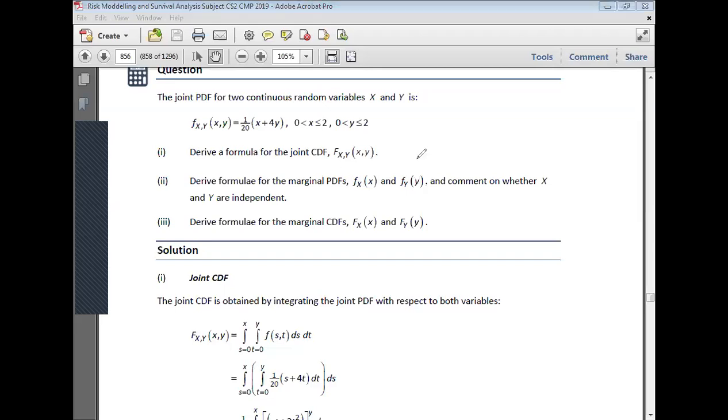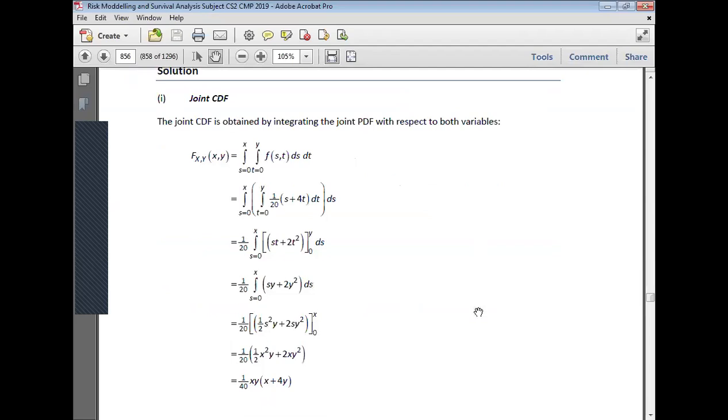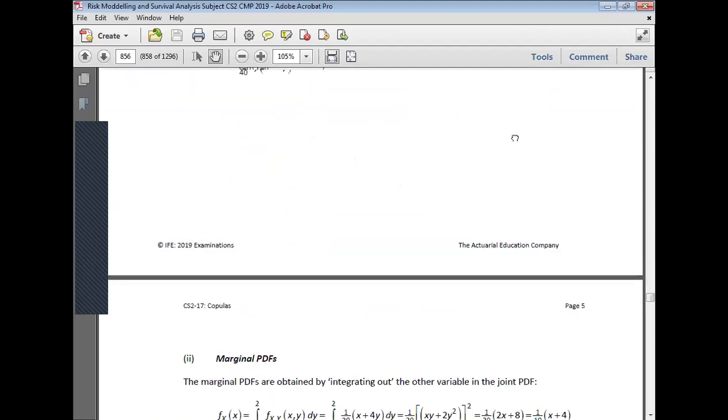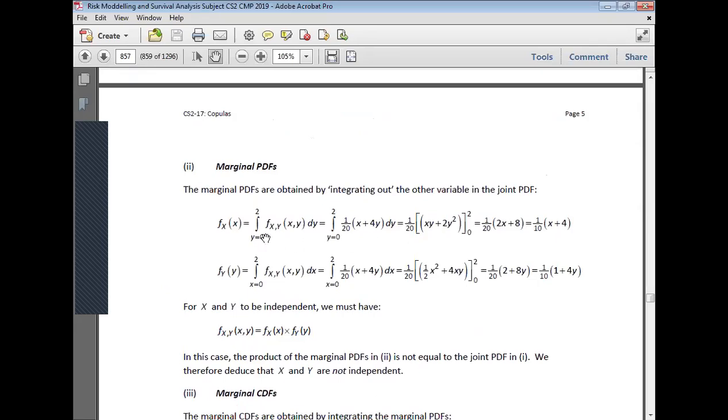For f of x, integrate over the limits of x and y respectively. So for y, we will integrate it over x. Yeah, exactly. This is very important, and correctly said. For figuring out the f of x, you will integrate over the limits of y.